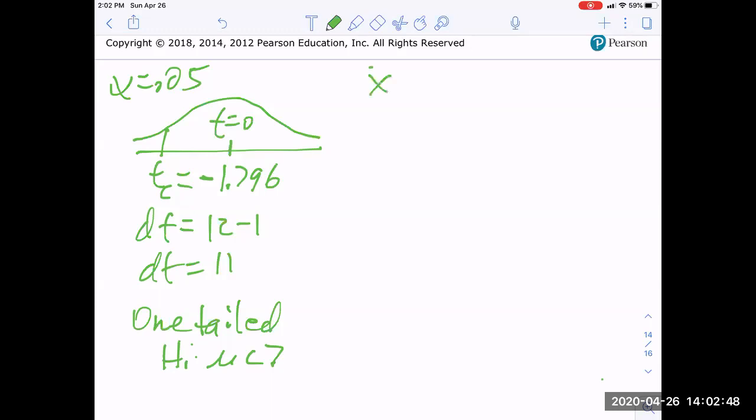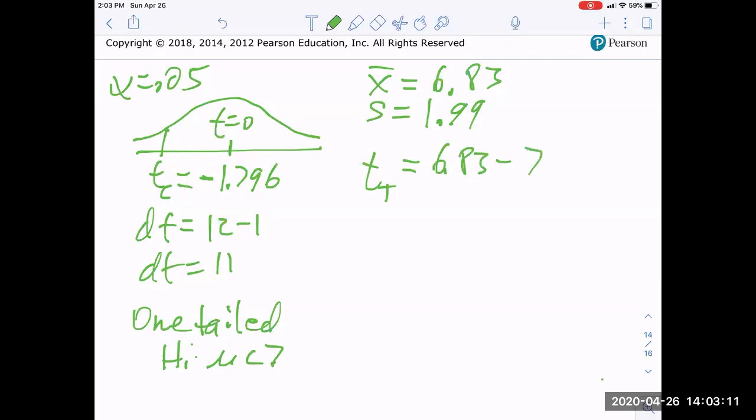Okay, my X bar was 6.83. Standard deviation, 1.99. Now I'm going to find my test statistic. X bar, 6.83. Subtract mu, which we think is 7. Notice that's going to be negative. That's good because we'll be in the left tail.